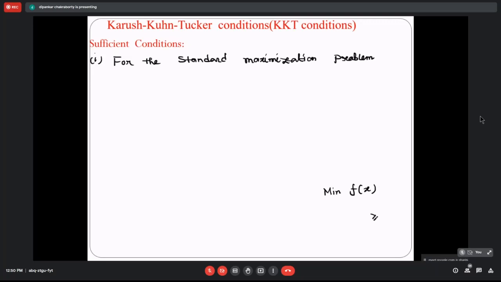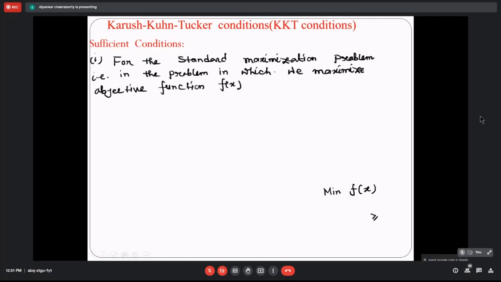Yes, sir. Okay. So I'm just writing for you so that you never forget this. For the standard maximization problem, that is the problem in which we maximize the objective function f(x), and subject to the constraints g_i(x) is less than or equal to 0 for i equal to 1 to m.